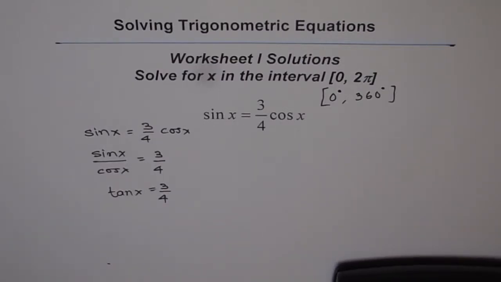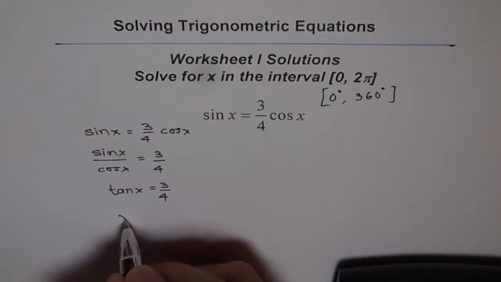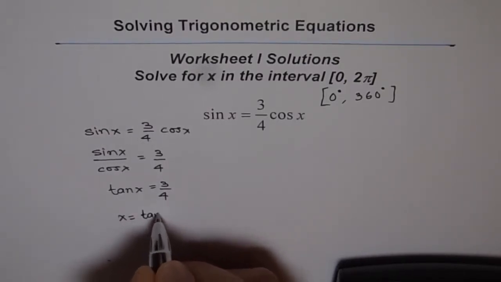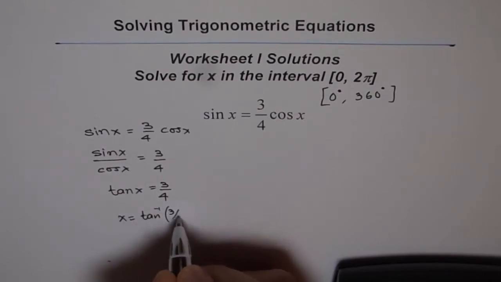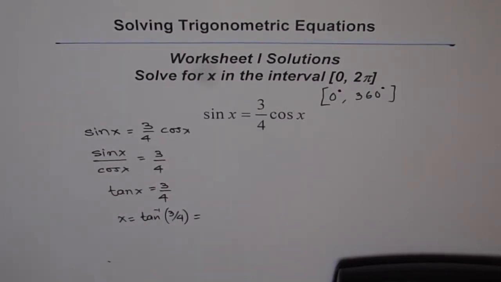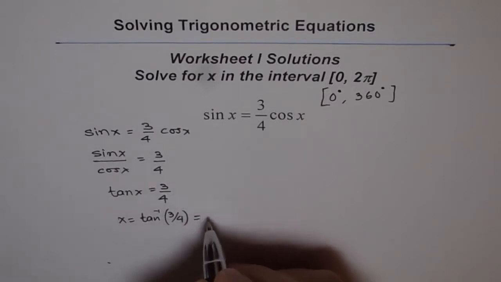So we can use a calculator now and figure out what is tan inverse. So we say x equals tan inverse of 3 over 4. When we do this, second shift tan inverse within brackets 3 divided by 4, you get an answer as 36.8698.